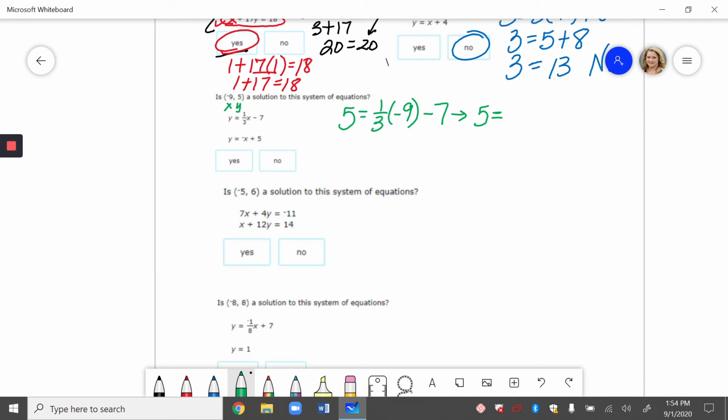Taking a third of 9 means 9 divided by 3. So 9 divided by 3 is 3. And you have a negative there, so it would be negative 3 minus 7. So 5 equals negative 10. Does it? No. So your answer is no.